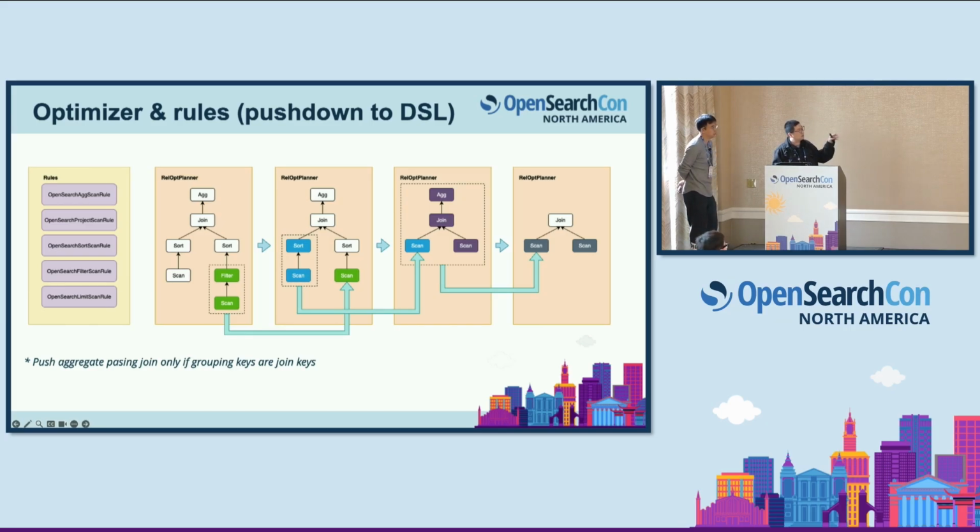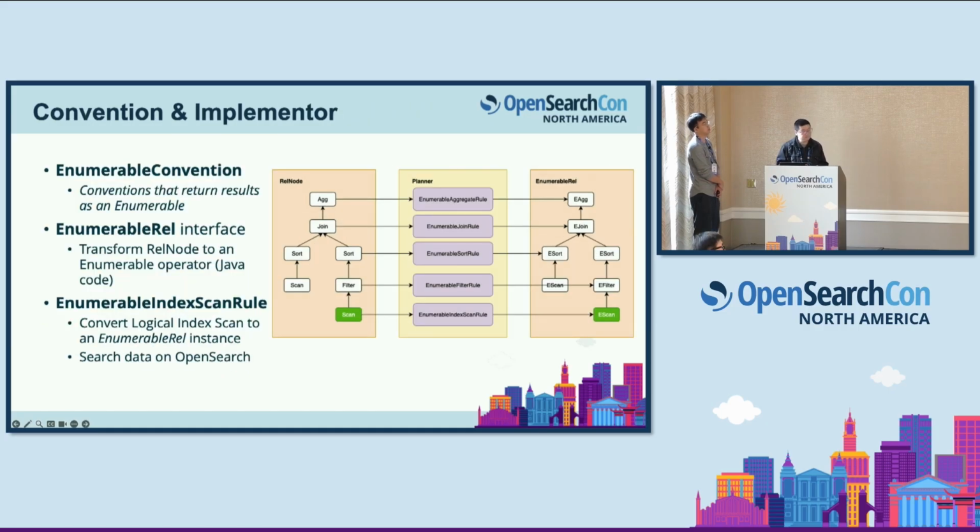From left to right, the query is simplified because many push-down rules are applied. At last, we only have a scan and a join operator. But even with the simplified query, some operators cannot be pushed down, for example, the join. So we still need to provide a way to execute that operator.